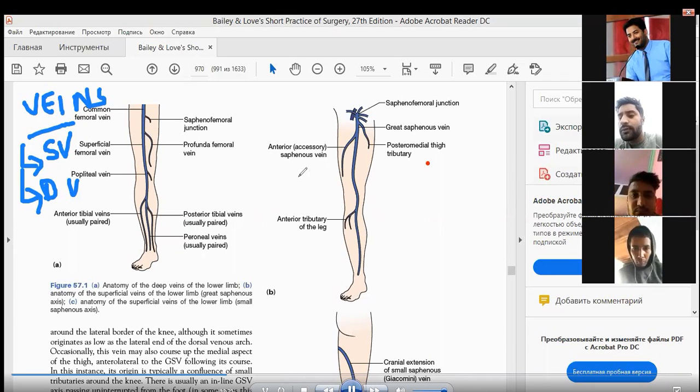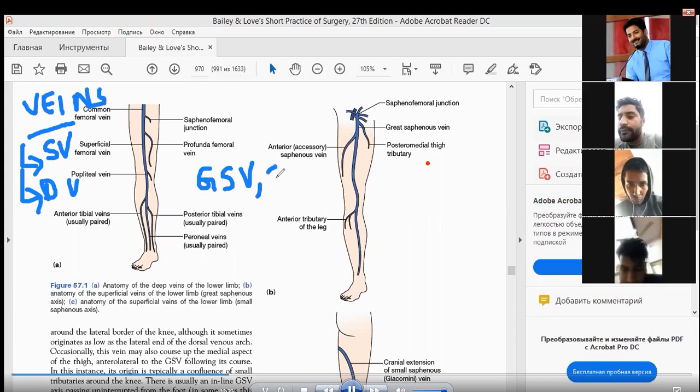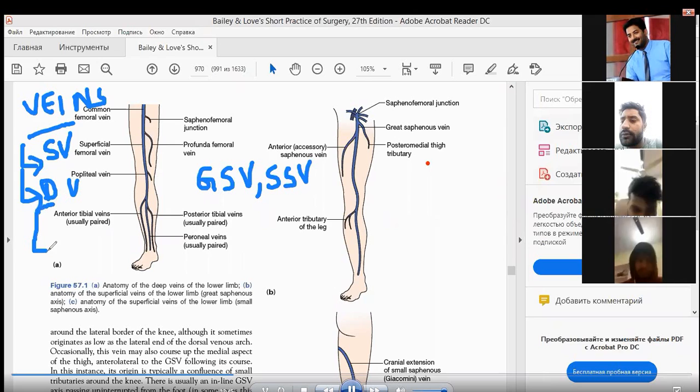Your great saphenous vein is a superficial vein, and your short saphenous vein is also superficial. These are the veins which are present superficially in the lower limb.